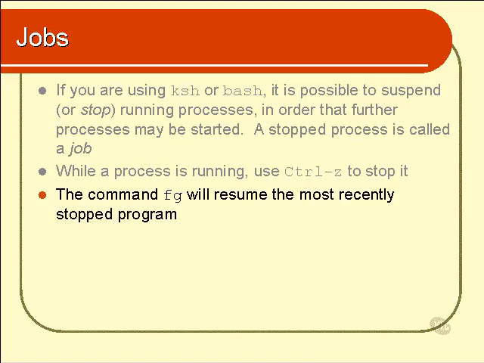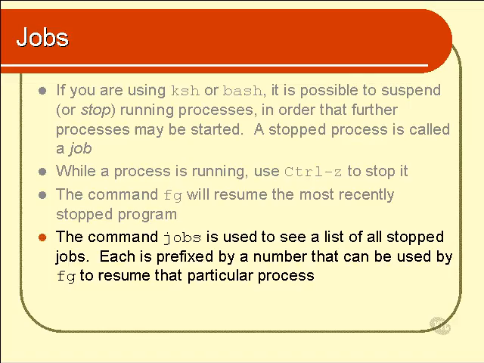It is actually possible to pause or stop several programs at once. You can pause a program, then start a second program, then pause that program and start a third one, and so on. And if you do that, you might want to selectively resume certain jobs. If that's what you need to do, then use the jobs command to list all the currently stopped jobs.